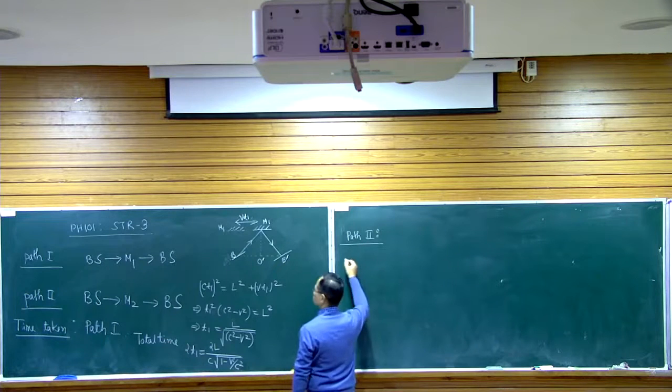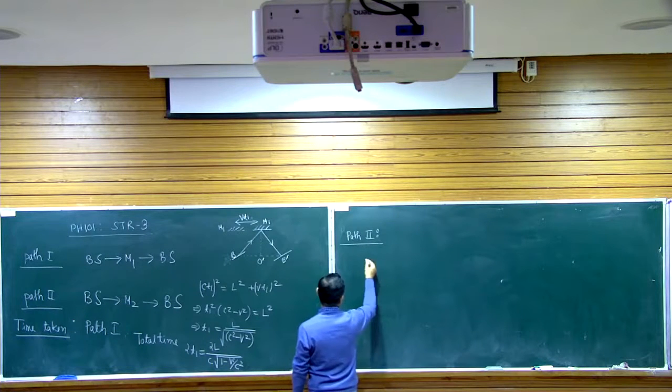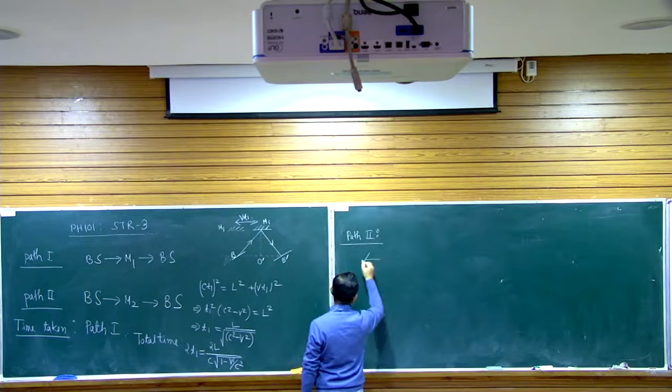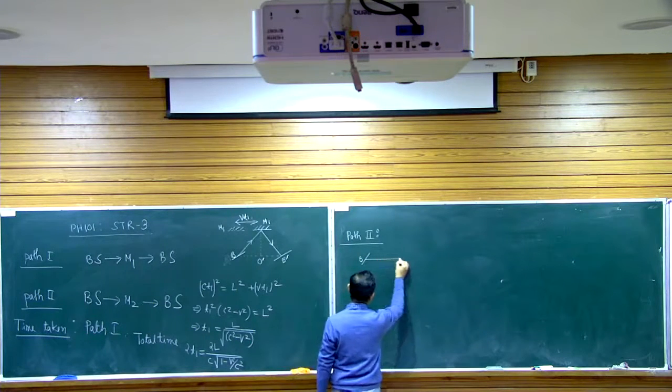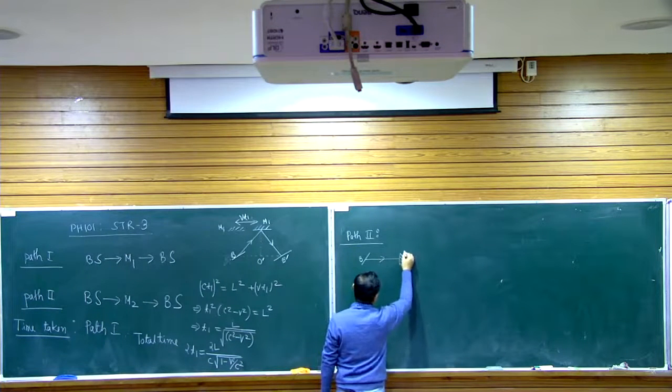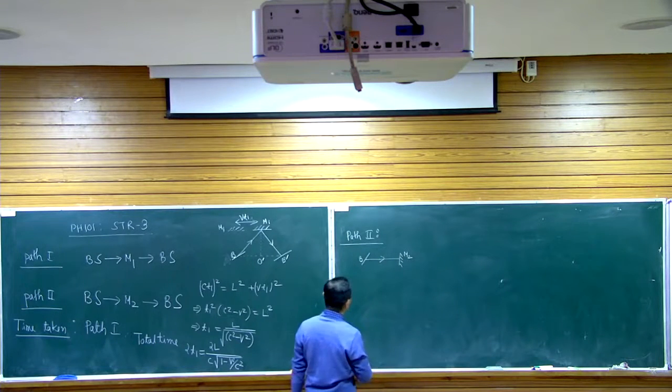In order to find out the total time taken along path 2, we have to consider the light which is starting from the beam splitter, let's say from the location B, and then travels towards the mirror. Let us consider that it has reached the mirror M2 after time T2.